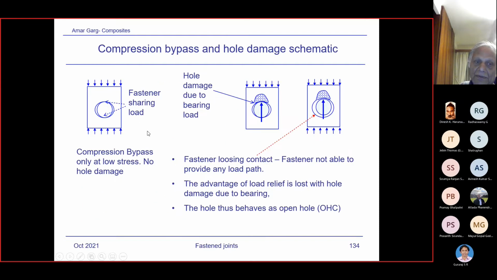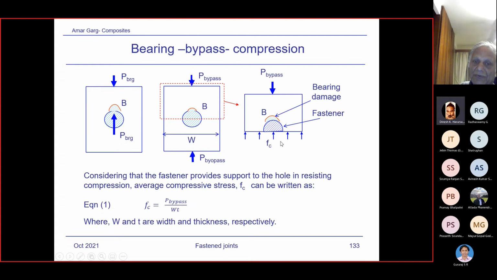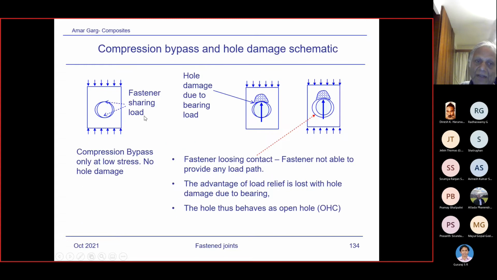And the philosophy over there, which I've tried to explain here, is the fastener sharing load in compression. So for compression bypass only, at low stress, there is no hole damage. When the hole damage is not there, this can be considered like a filled hole, and the fastener is supporting the load.